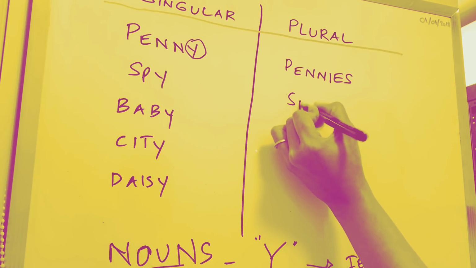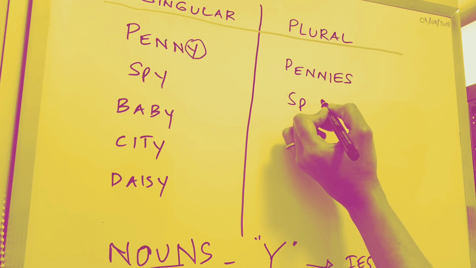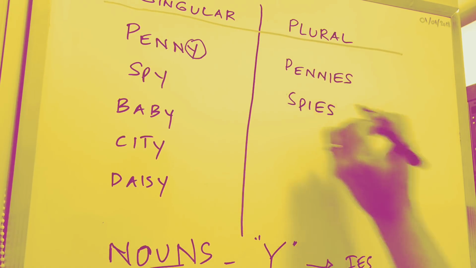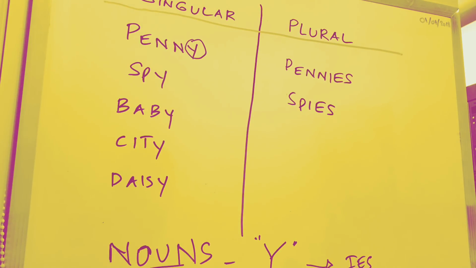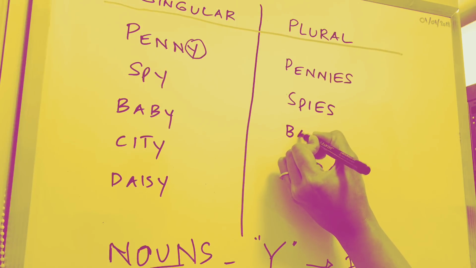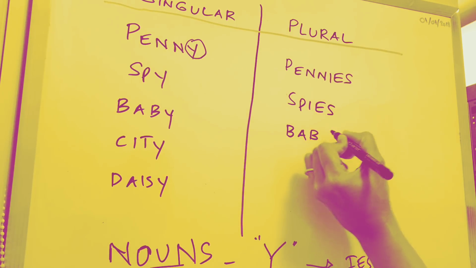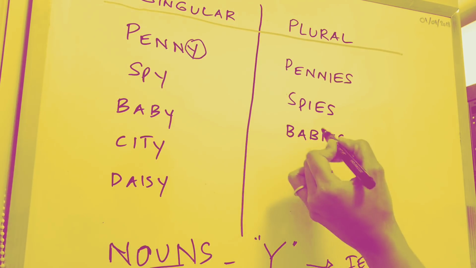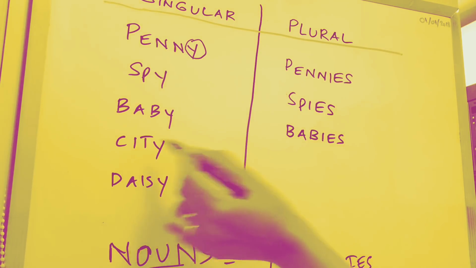So here we have spy, right? We drop the Y and we add IES. Here we have the noun baby. We want to talk about more than one baby? Babies. So you see I dropped this Y and I wrote IES.